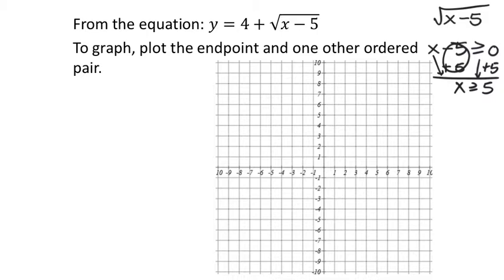Now that also means that in that square root, if I were to replace x with 5, then I should get a 0 from that square root. So the reason why that's important is because I can take that ordered pair. If I replace x with 5, then I should at least get a 0 in that square root.